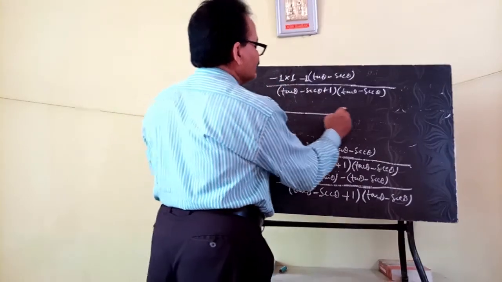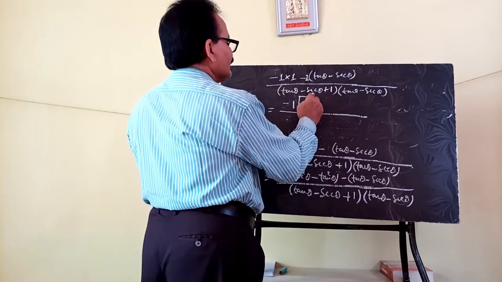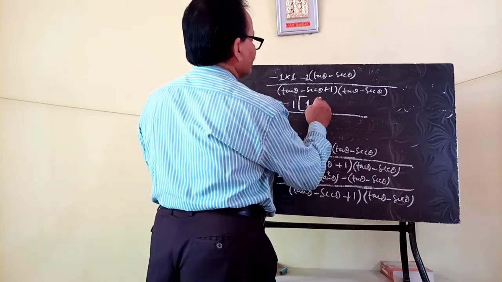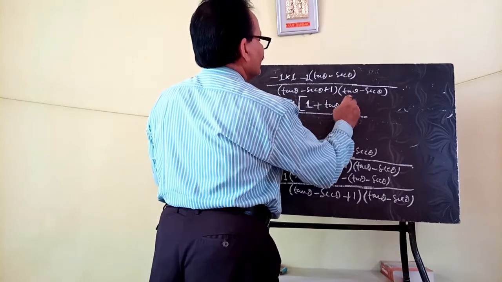You take minus 1 common, then this will become plus 1, and since minus 1 you have taken out, then this is your plus tan theta minus sec theta.